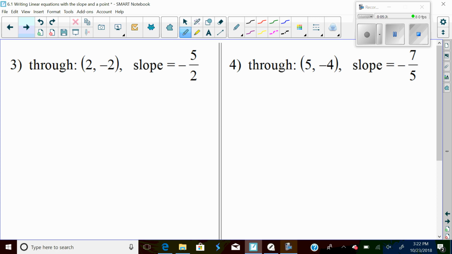Okay, so let's take a look. The first thing you want to do is write out y = mx + b so we can plug in each value. We're going to plug in our y, which is -2, is equal to our slope, -5/2, times x, which is +2, plus b.